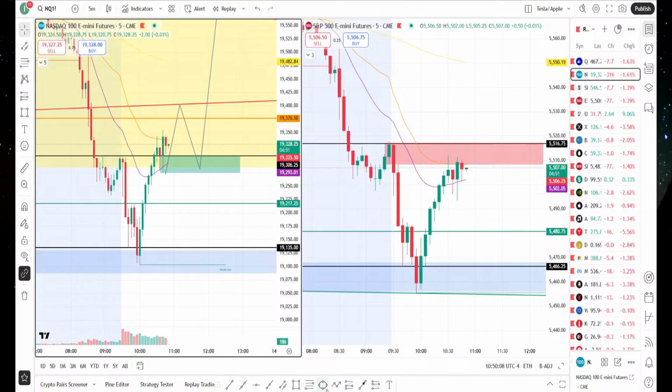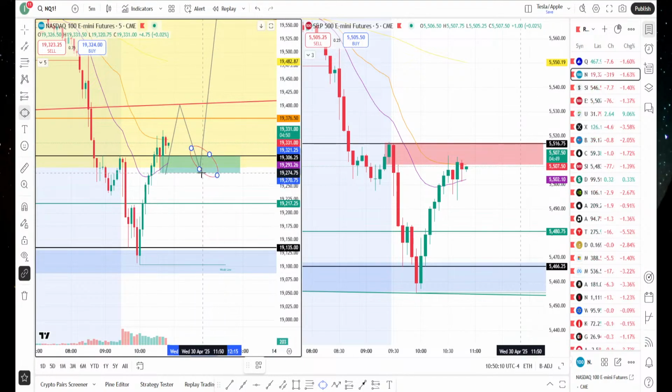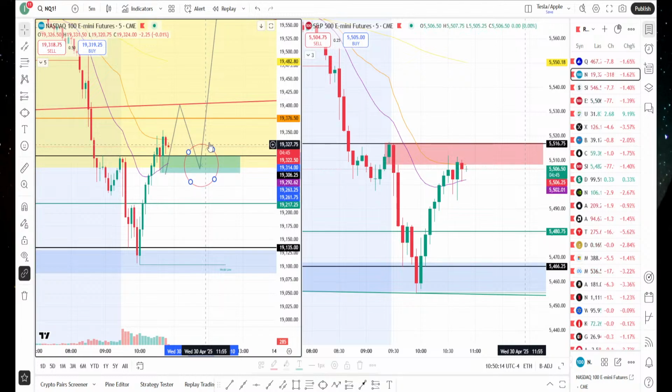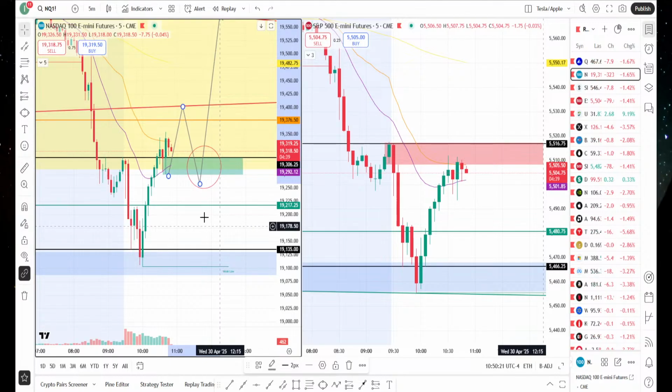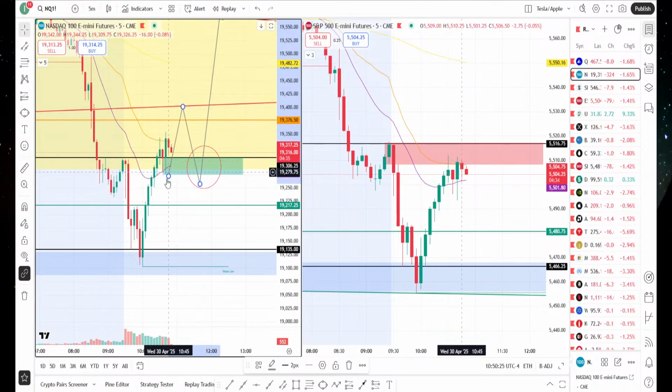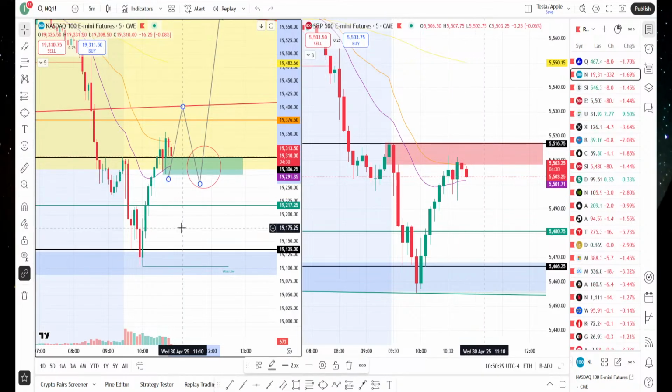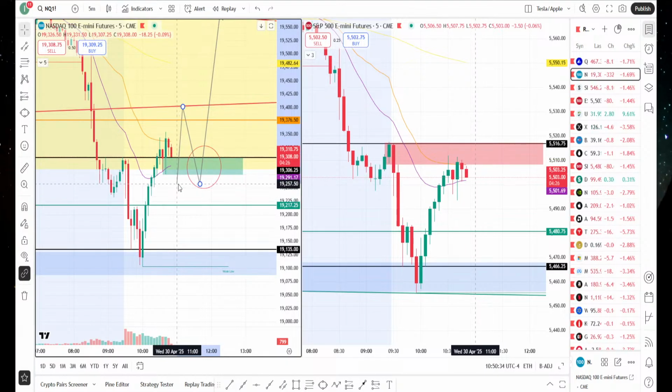Would you consider this the best setup? Because this would be where I would go here. Or this could be in here too. You just never know what kind of setup we're gonna get. But if we get some kind of demand zone here, our price could pull down to here.